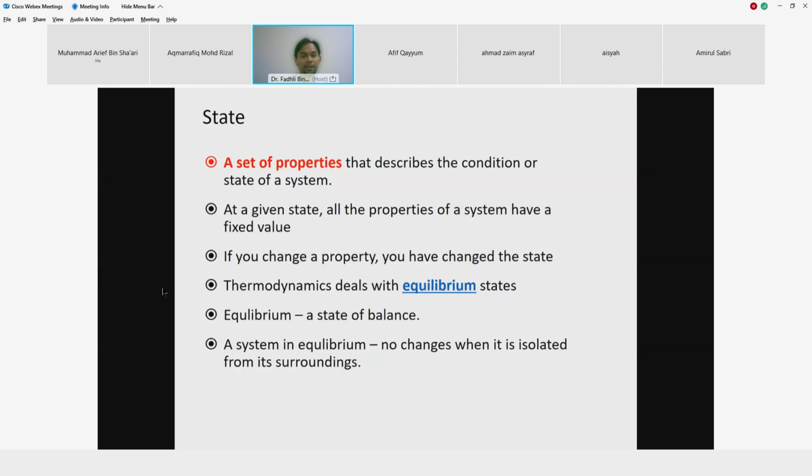That is a set of properties, state position 1. And your room is moving to position number 2. So during position number 2, your system or your room has its own set of properties. For example, now the pressure is pressure number 2, temperature is now temperature number 2, volume now is volume number 2, and so on.